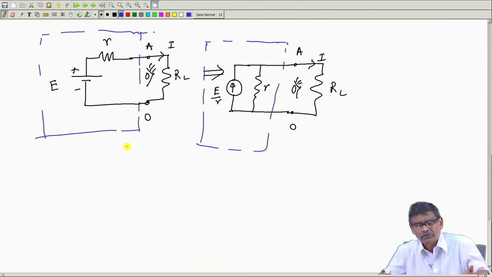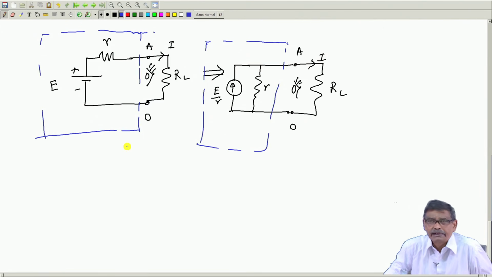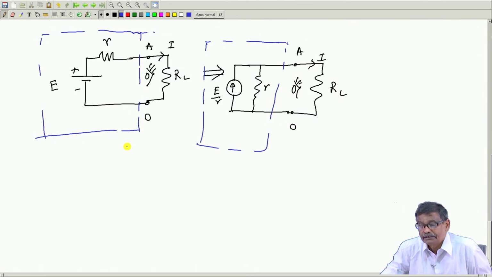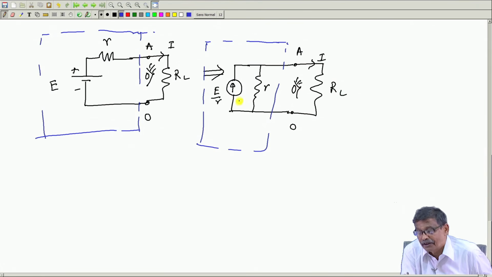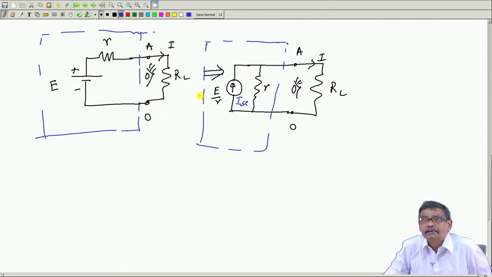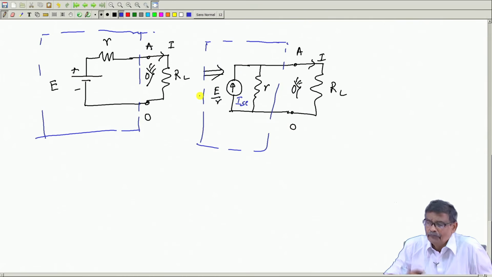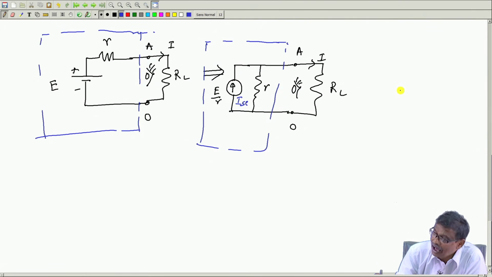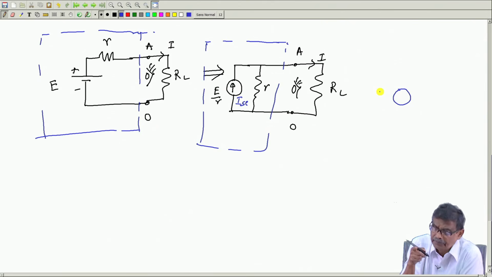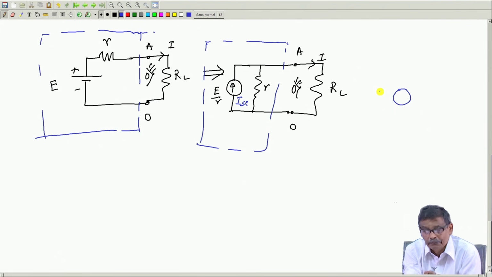He may say no, no, there was no battery in series with a resistance, here was a constant current ISC whose value is E by R in parallel with a resistance. Therefore, a current source I will denote it. We will be discussing about this more often than this simple example, but if you start from this, it will be easier.